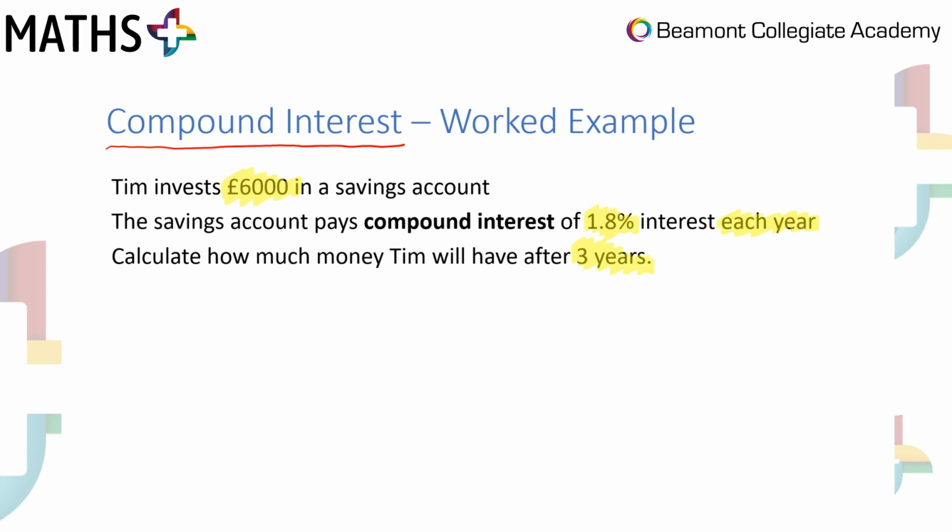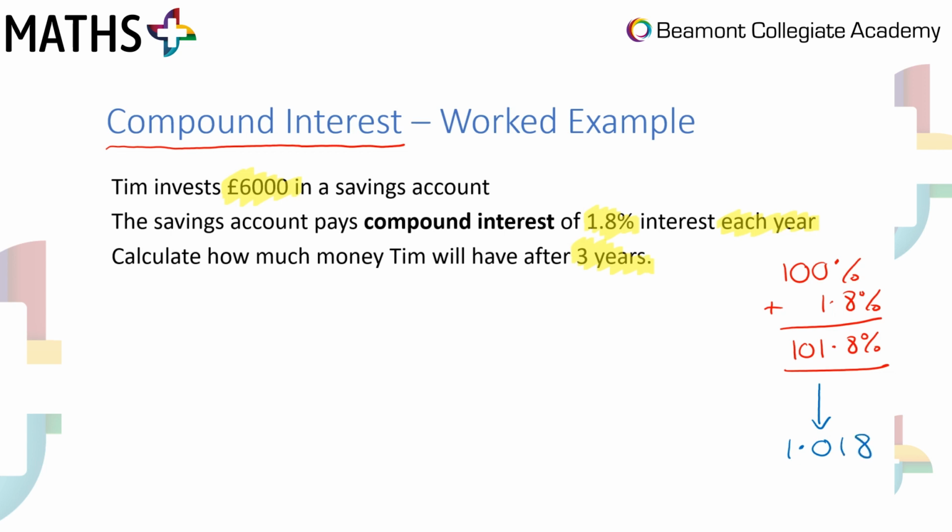So this particular savings account is giving Tim an extra 1.8% on top of what he invests. So remember, we start with our 100%. If I add on 1.8% to that, that is going to give me 101.8%. Now remember, what we want is our decimal multiplier. So as a decimal, that is 1.018.